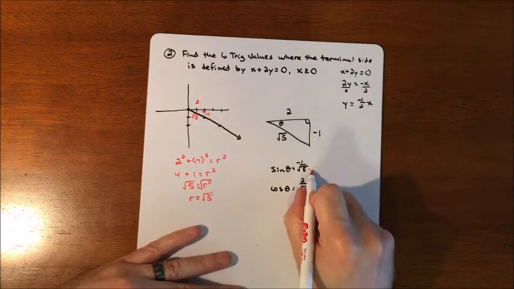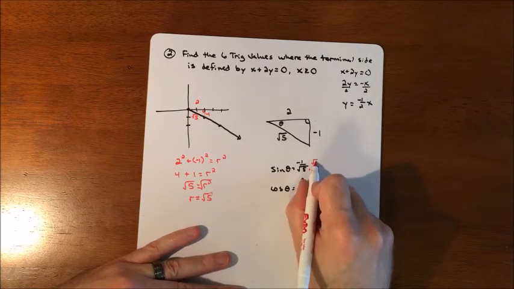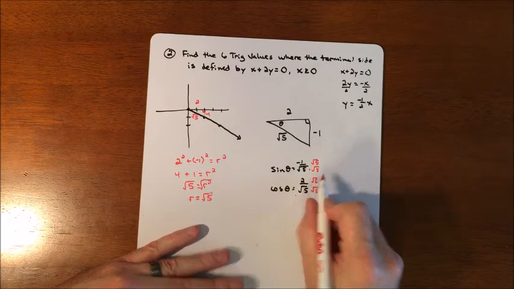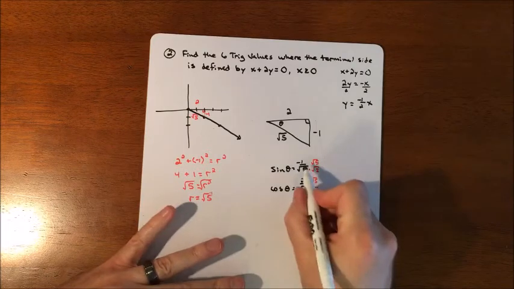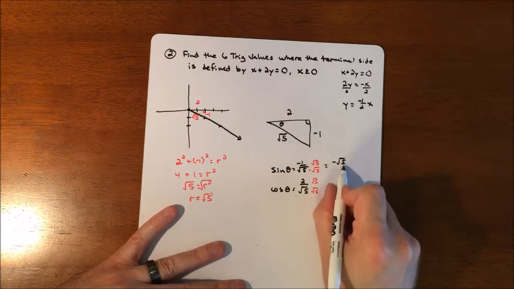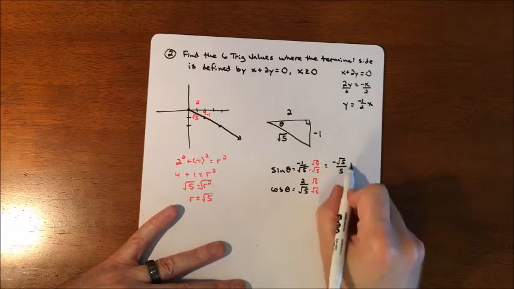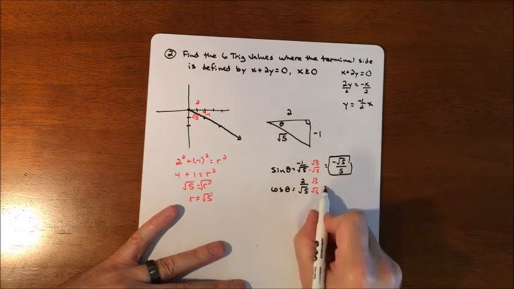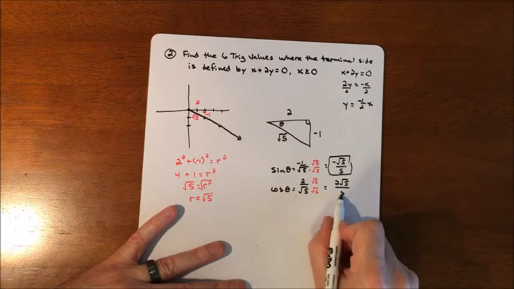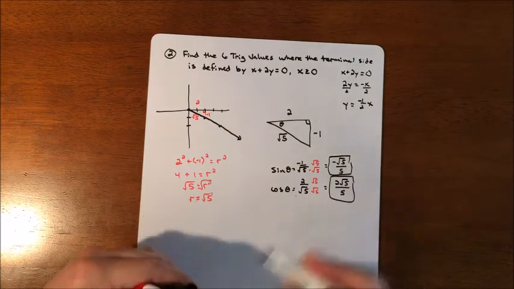So we'll multiply by square root of 5 over square root of 5 to clean these up. So this is going to turn into a negative root 5 over 5. And then this is going to turn into 2 root 5 over 5.